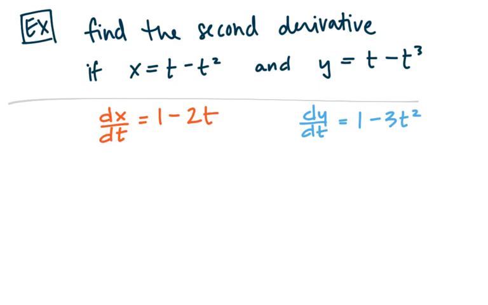So that tells me my derivative, dy dx, is going to be 1 minus 3t squared divided by 1 minus 2t. So that represents my first derivative.